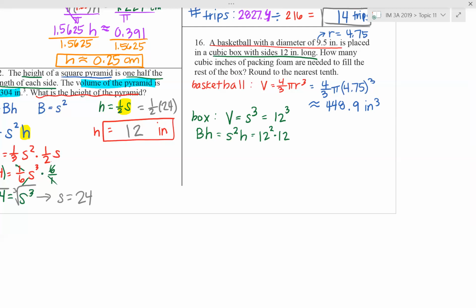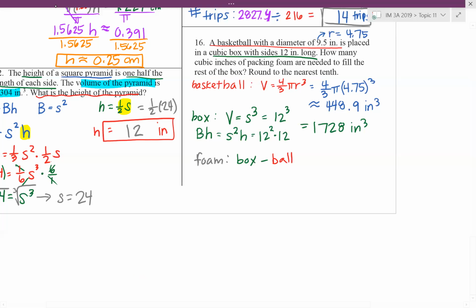And so 12 to the third power is 1,728 cubic inches. So then the packing foam, I'm just going to write foam, is going to have to fill the space that is the difference of the two. So I'm going to do the box minus the basketball.